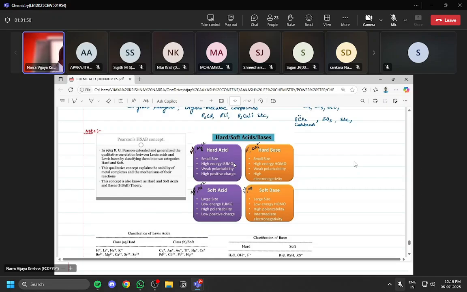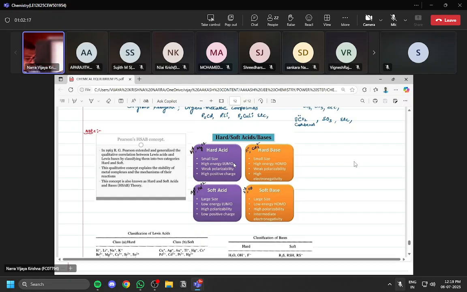Low energy LUMO, high energy HOMO here, low energy HOMO. Weak polarizability, high polarizability. High positive charge, low positive charge. High electronegativity, intermediate electronegativity. Is it clear? Hard acid, hard base, soft base.